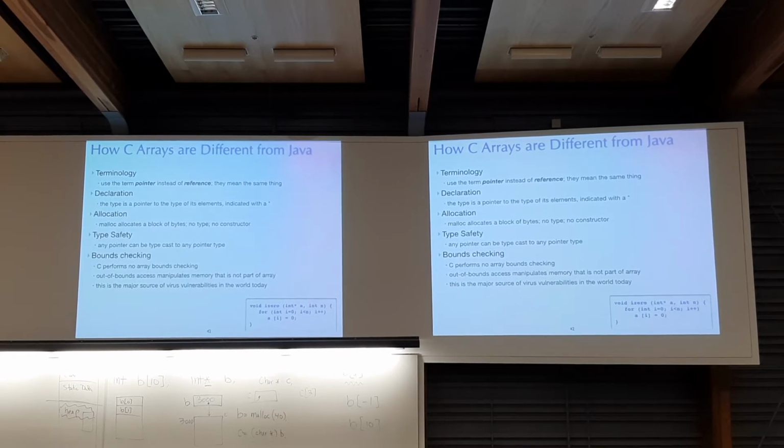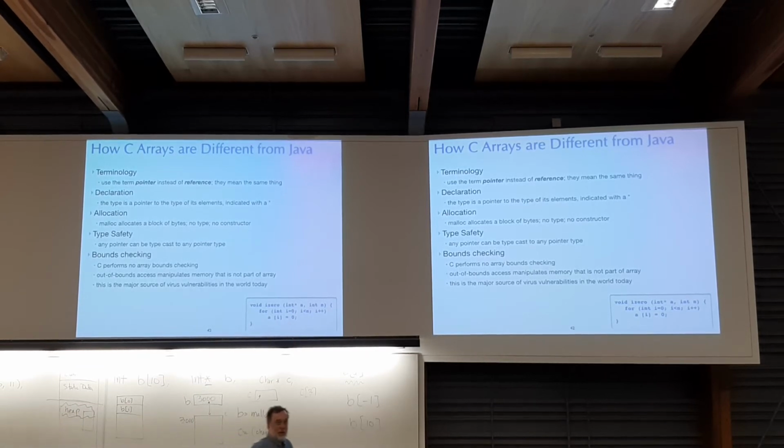Now, the question is, what would happen if when you call I0, I'm going to just have it int b 10, and then I say I0 b, what happens? And that was rhetorical.